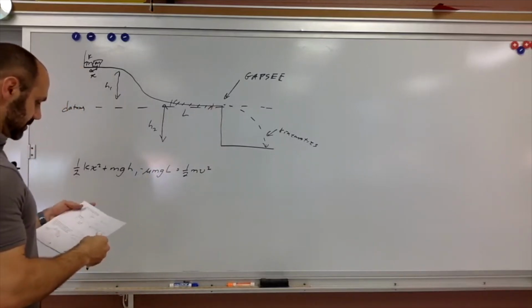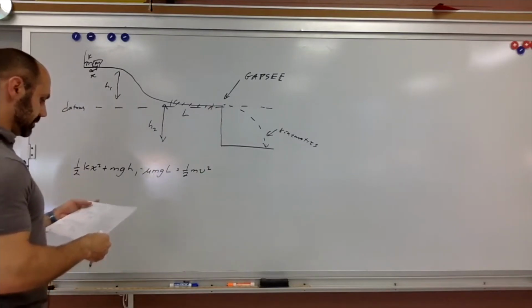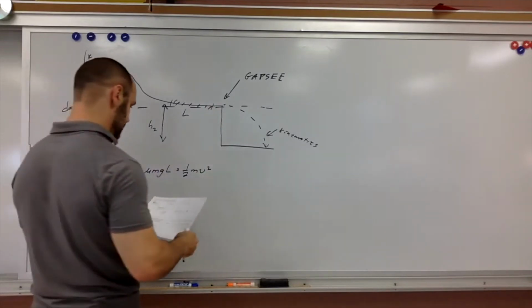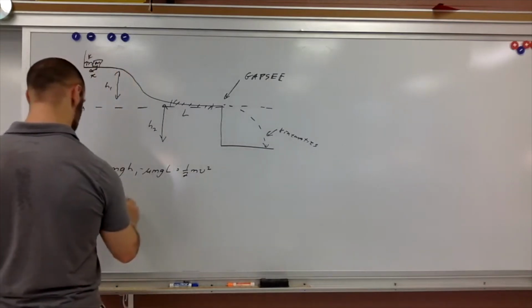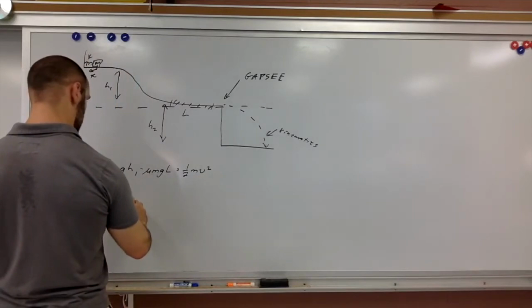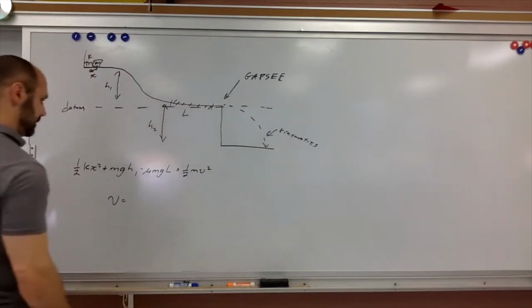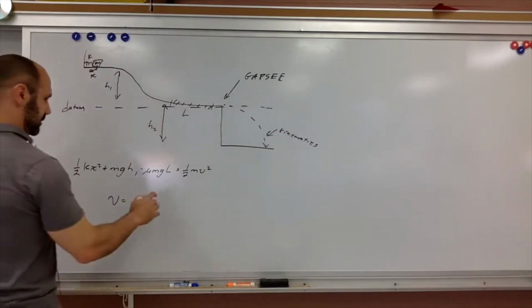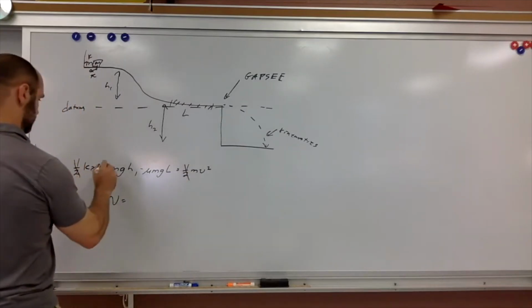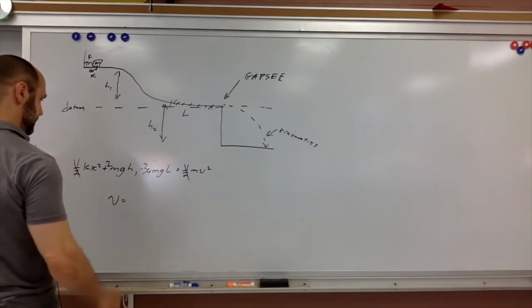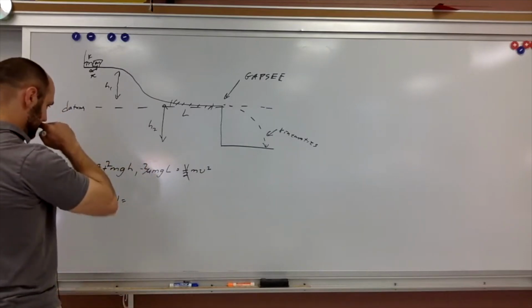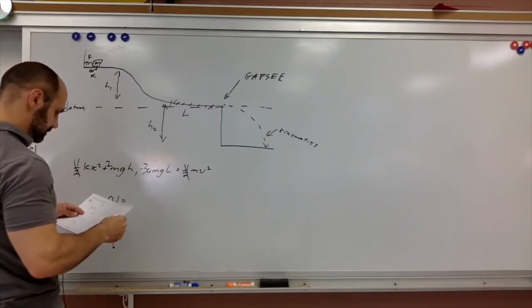I don't have this in terms of any numbers, so all I'm going to do here is solve for v. So v is going to be, let's see, can I simplify anything else? I can multiply by 2. That's about it. Do I divide by m?